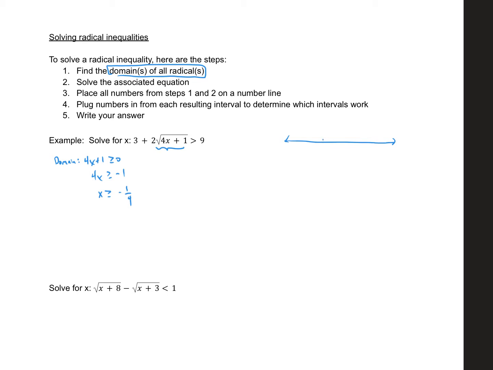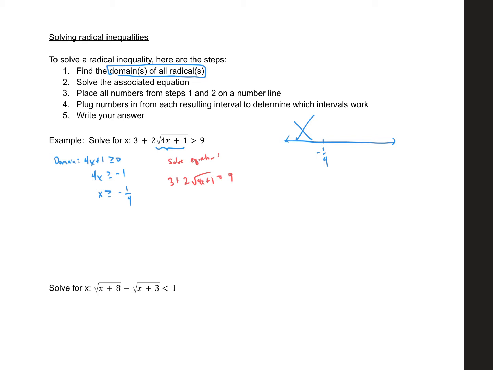So on my number line, I'm going to put negative 1/4, and I immediately know that anything less than that, because it's not in the domain, is not going to work in the inequality. So we won't even have to check anything with that. So then I'm going to solve this as if it were an equation. So I'm going to write this exact same thing, but with an equals sign.